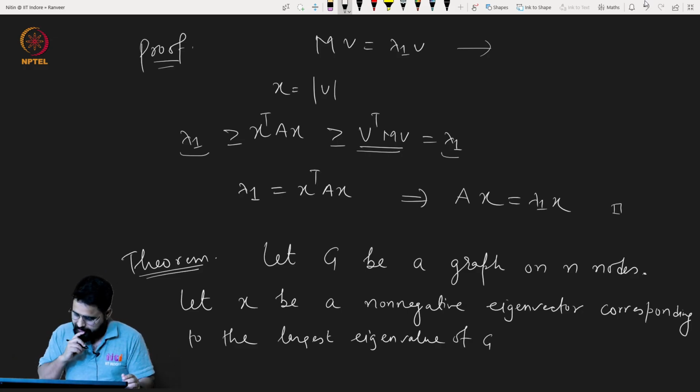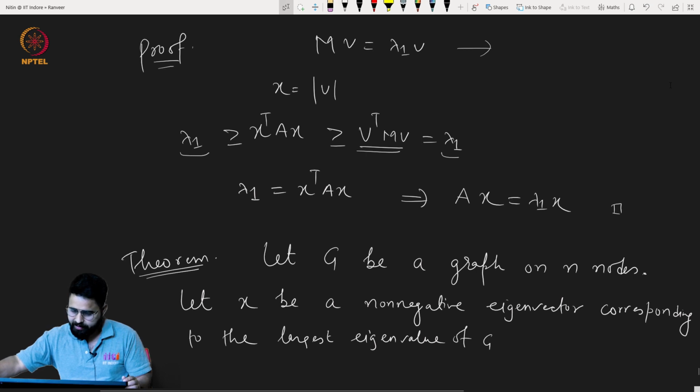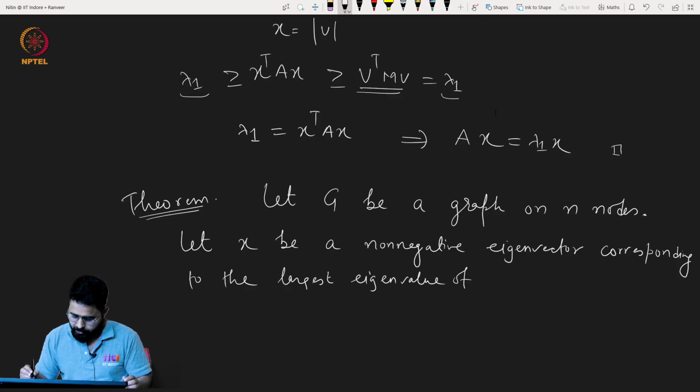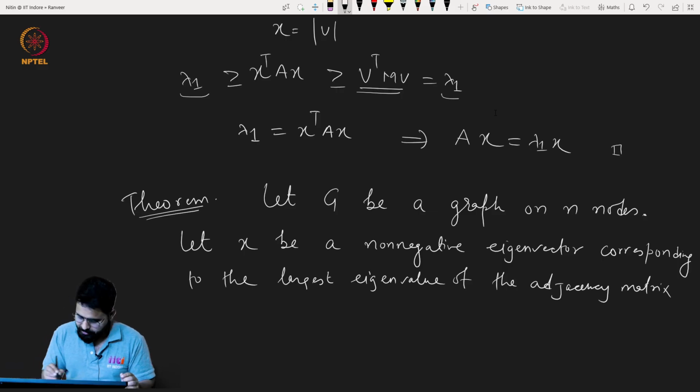We are talking about the adjacency matrix. Let me write it, otherwise you may be confused. Corresponding to the largest eigenvalue of the adjacency matrix of G.